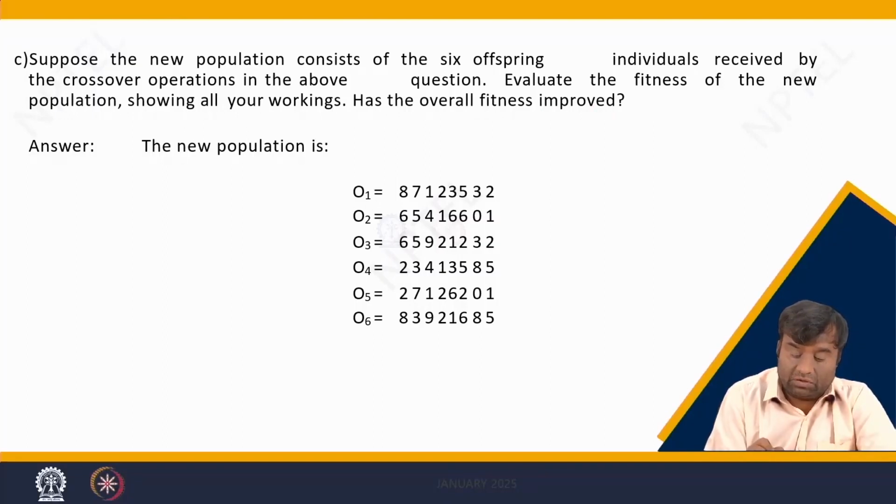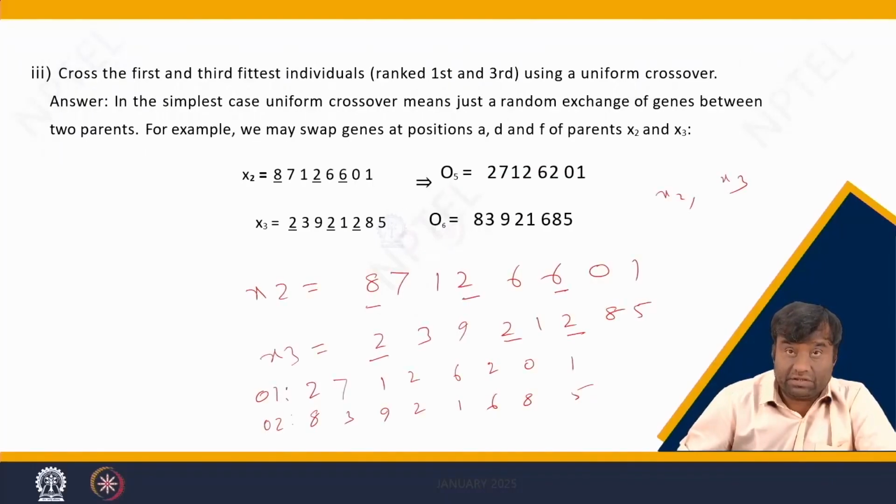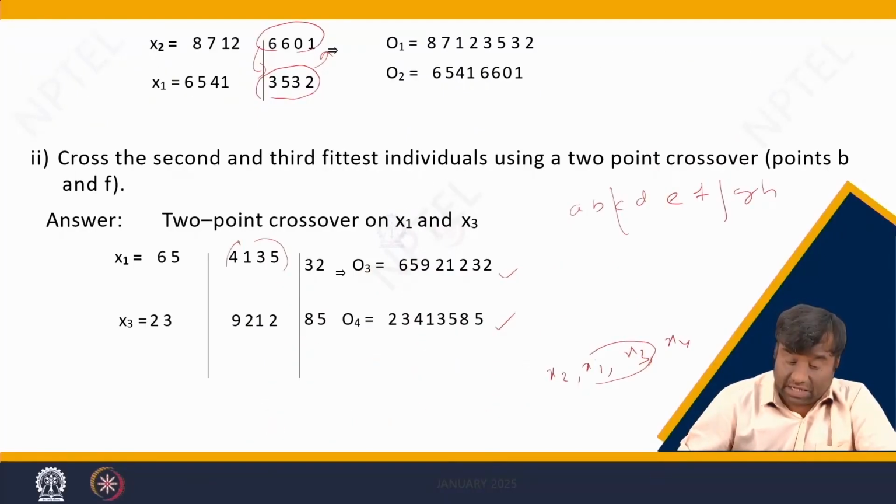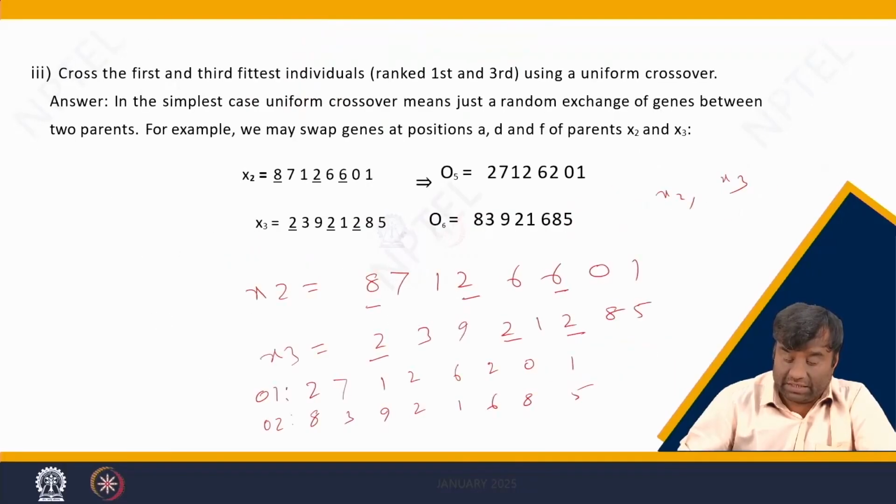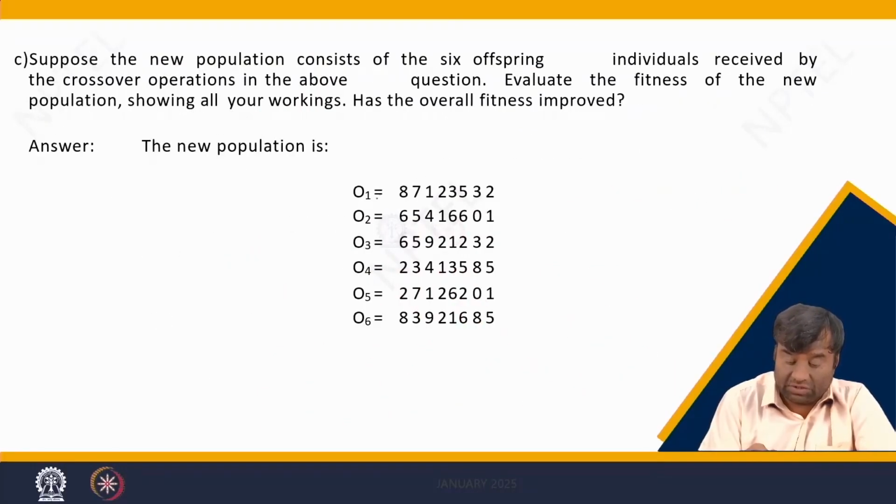So consider the 6 offspring we have obtained. First one is 8 7 1 2 3 5 3 2.